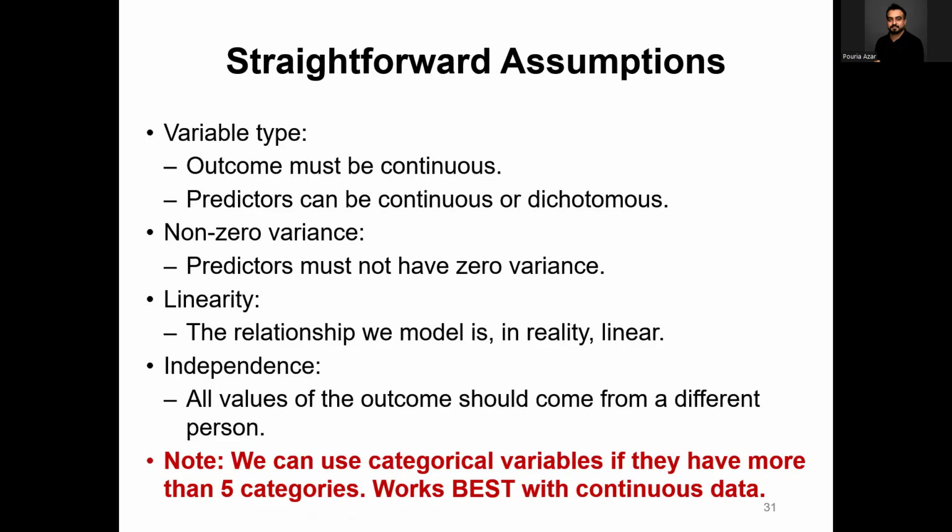Dichotomous variables are like male, female, yes, no, ill, not ill, healthy, not healthy. So predictors, or independent variables, can be continuous or dichotomous, but the outcome, or y, our dependent variable, must be continuous.